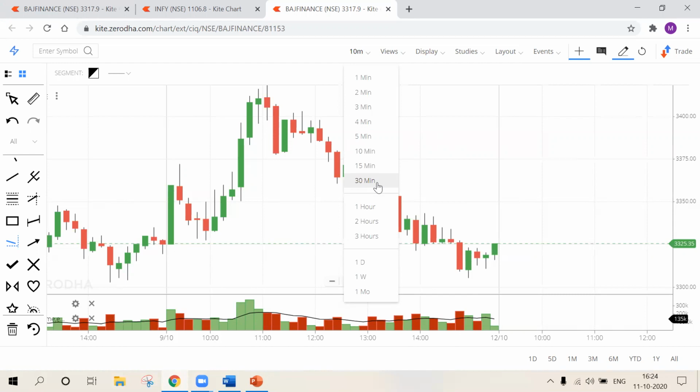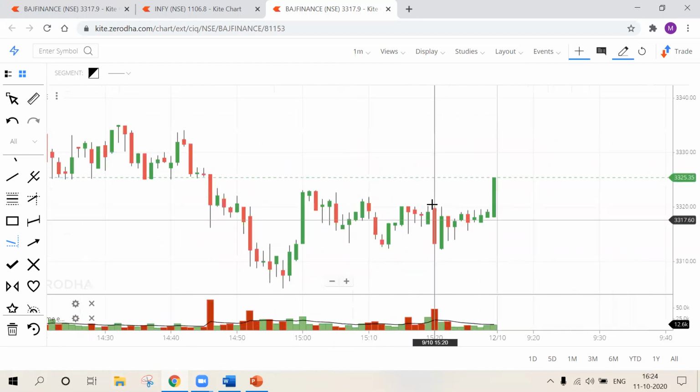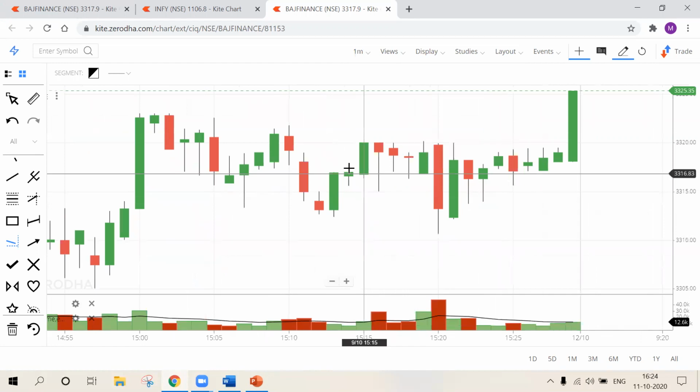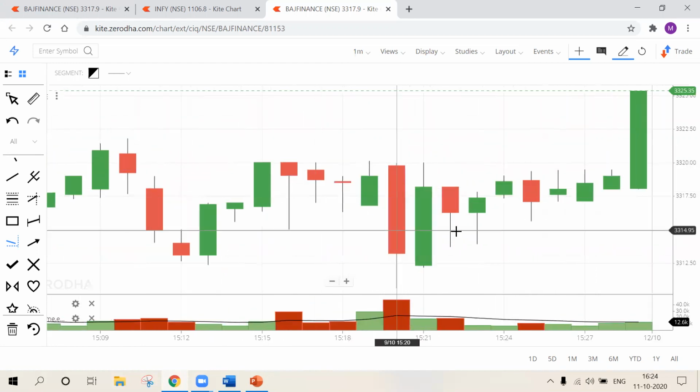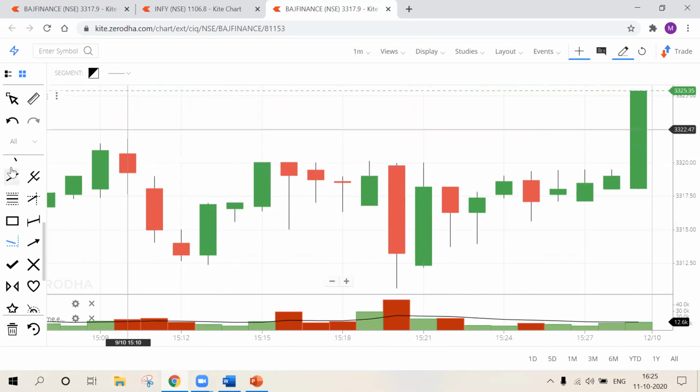So today, if I select 1 minute, all these are the candles. It looks like a candle, right? See, it looks like a candle. There is a wick at the top.